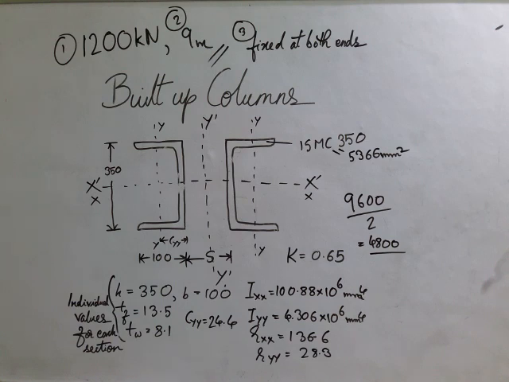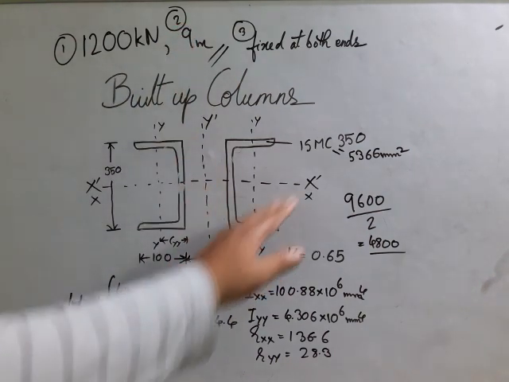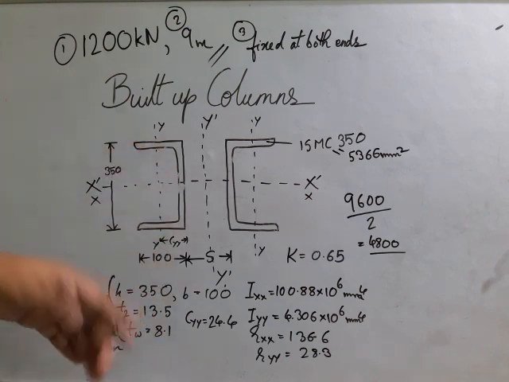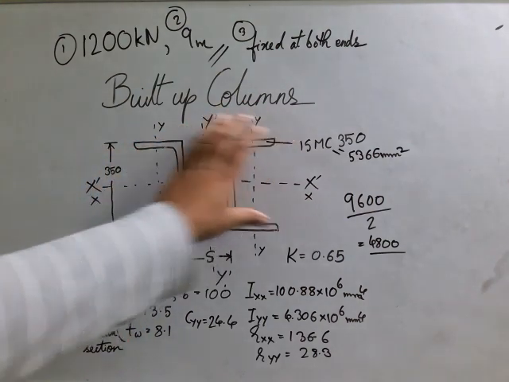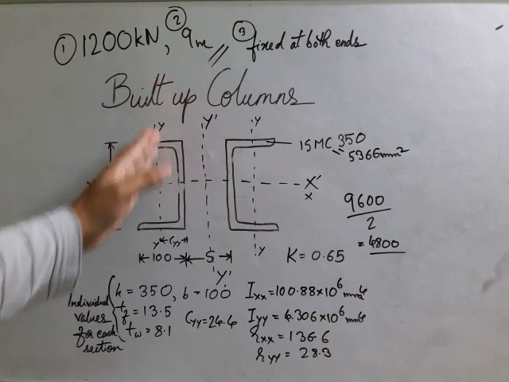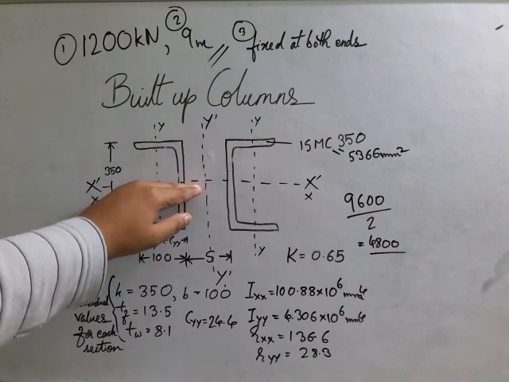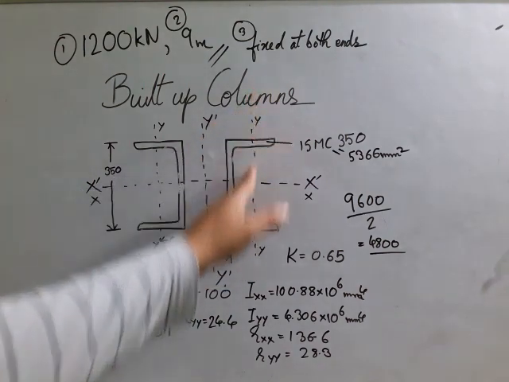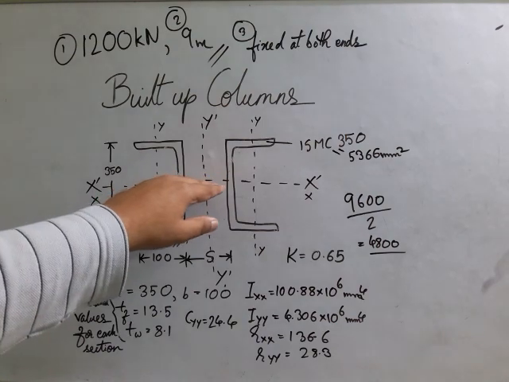So that should be one aim that we consider while designing a built-up column: it should be strong about both axes, y dash and x dash. We cannot do anything about the individual sections, because they already have their default Iyy and Ixx values.